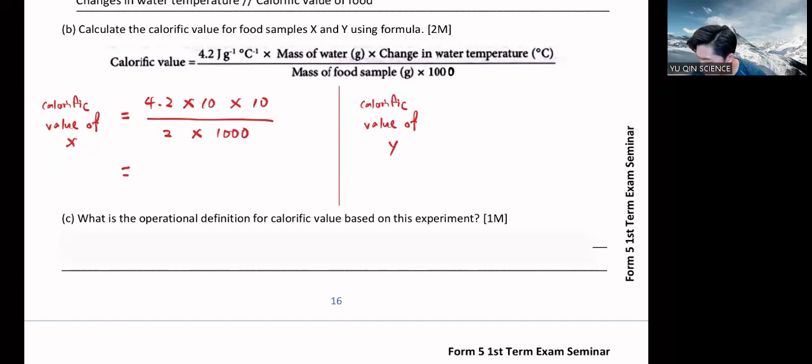Go ahead. 0.21. Okay, then do the same for Y also, everybody. Do the same for the next one also.